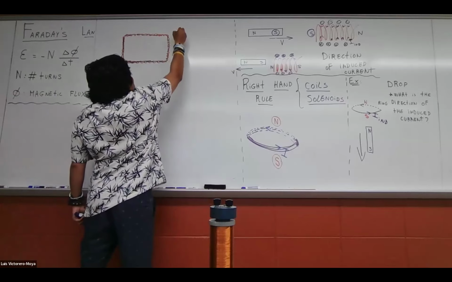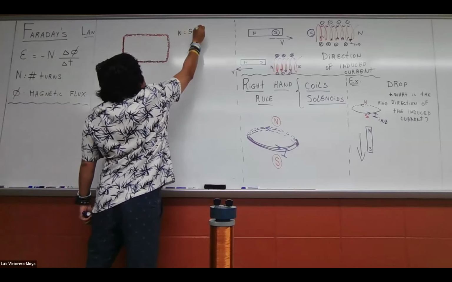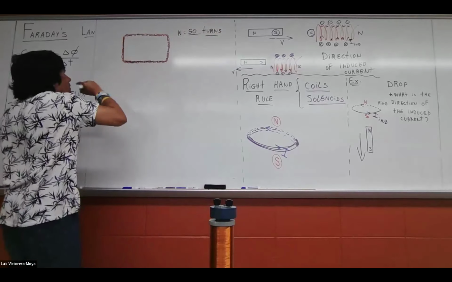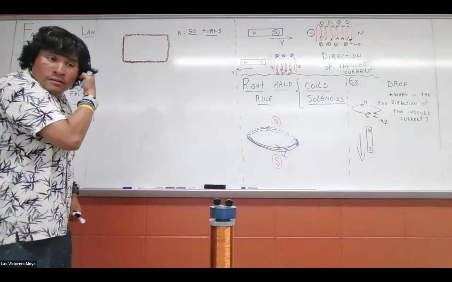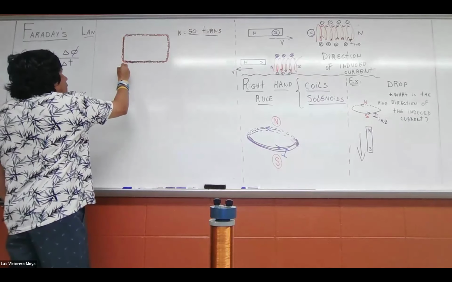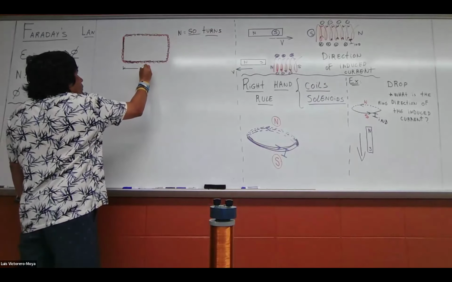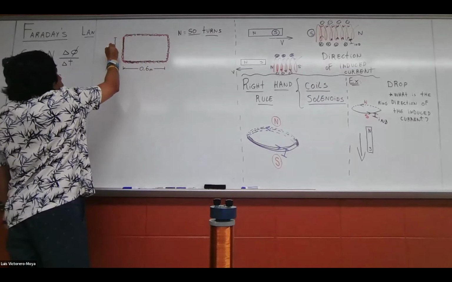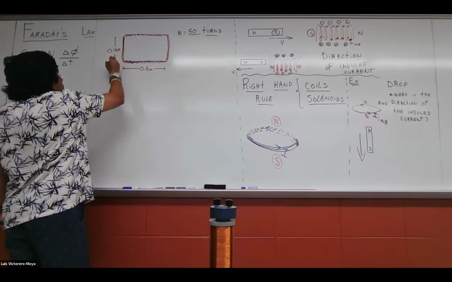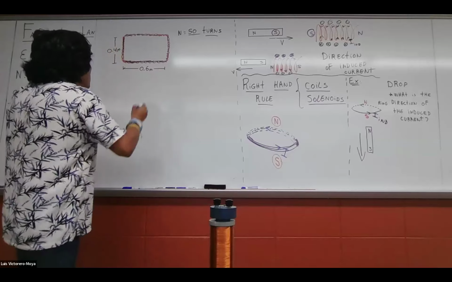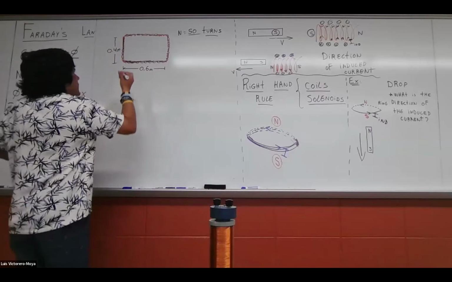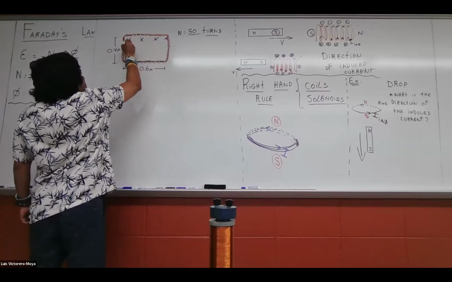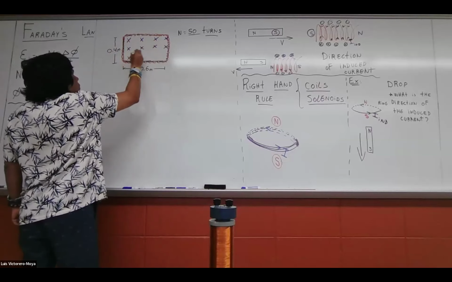So let's say you have 50 rectangular turns. Okay, let's draw it like that so you can see there are several turns. 0.6 meters, 0.4 meters, and there's a magnetic field going through this rectangular coil.